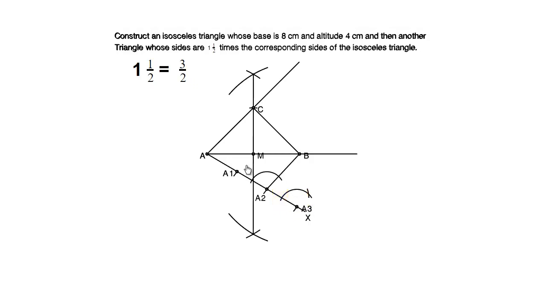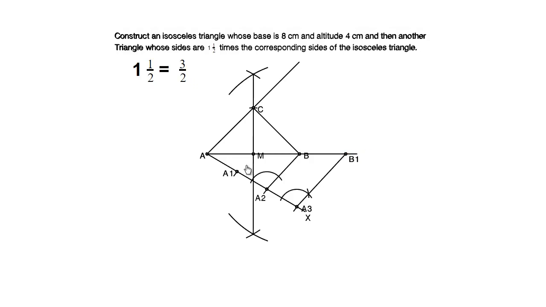Now join point A3 with the intersection point that you have got here, and produce this line to meet the line AB, which has been extended here. Now let this point be B1. You can name the points according to your choice, but I am naming it B1.